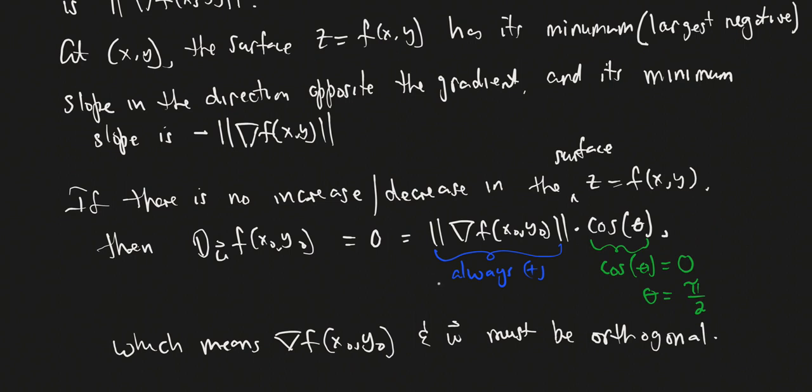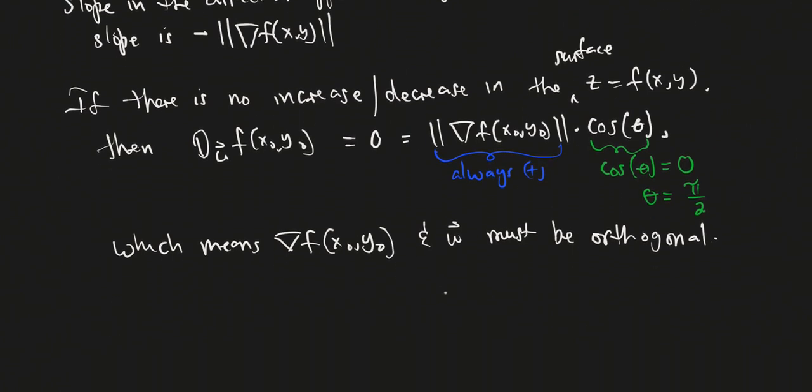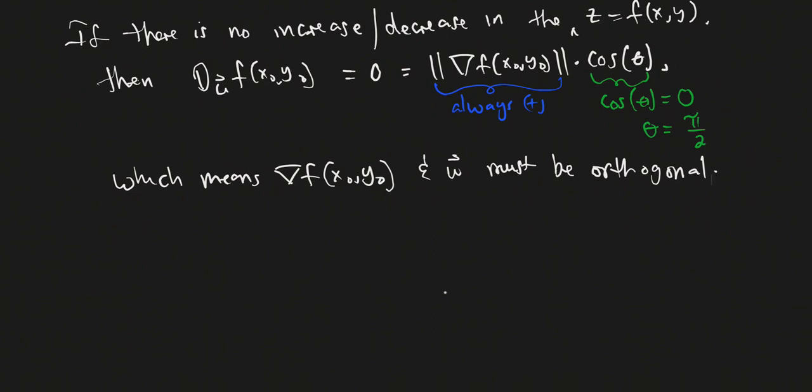So the way you would interpret this, let me now do a little sketch. Let's say here's our point, x0, y0, and let's say we can find the gradient at this point. So I'm going to sketch the gradient. Let's say my gradient goes this way. So that's my gradient vector at that particular point.